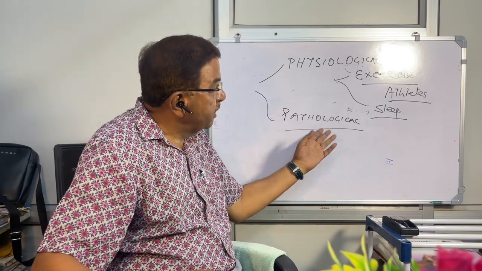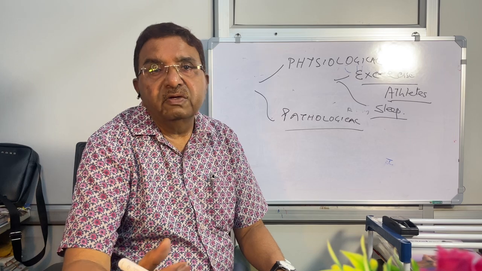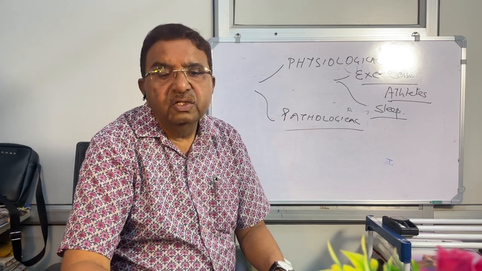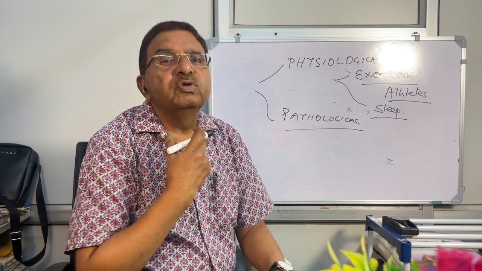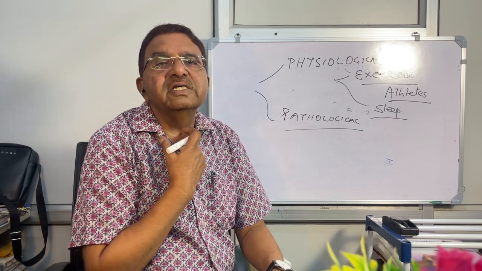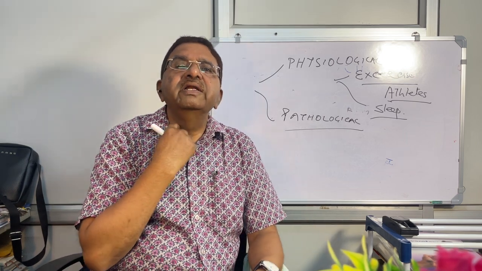Now second is pathological, when the bradycardia is because of certain diseases. So the first important disease is hypothyroidism. This is the thyroid gland which is present in the anterior part of the neck.